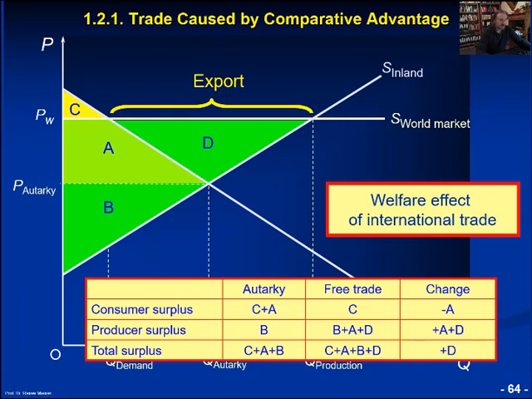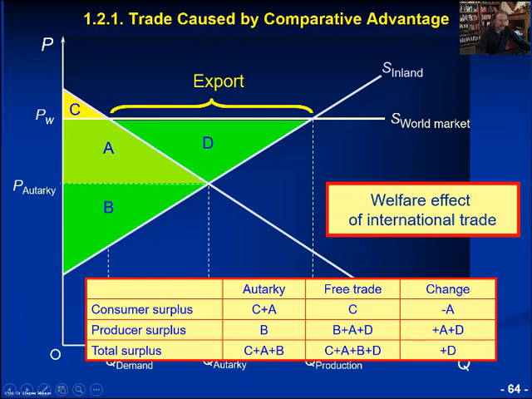Under free international trade, consumers lose the area A because of the higher world market price and their lower consumption quantity. This is displayed by the third column of the table here. They have now only consumer surplus C left.